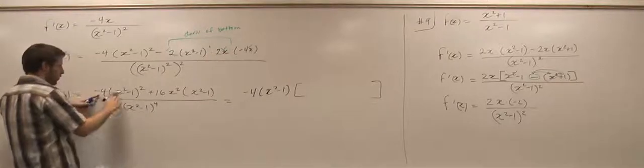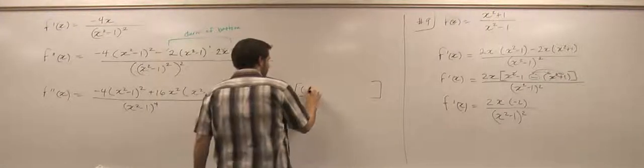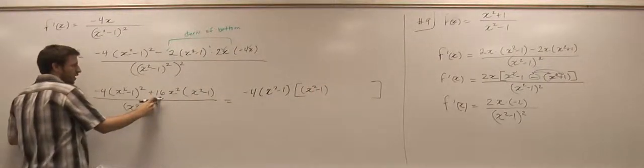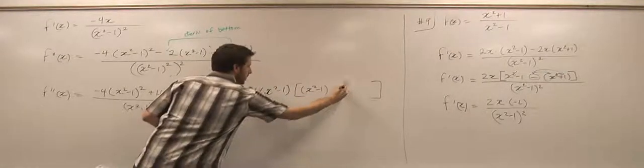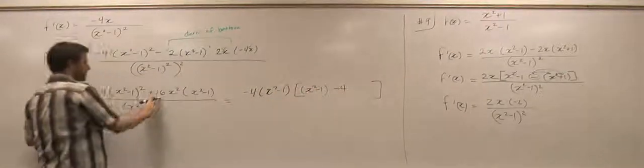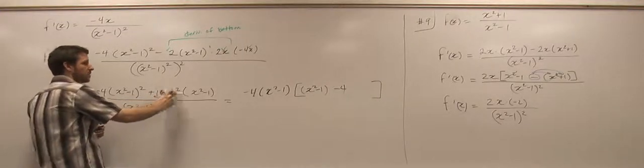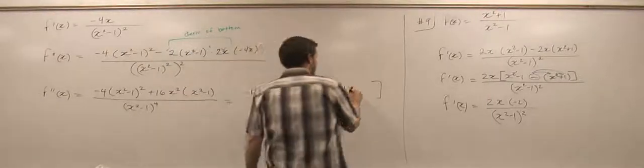We pulled out the negative 4, we pull out one of the x squared minus 1, which we still have, so we still have 1 left. We pull the negative 4 out of here, so this will be left with a negative 4 still, right? Because negative 4 times negative 4 gives us 16. Yeah, we still need the x squared as well. We pulled the x squared minus 1 out, but we need this x squared.